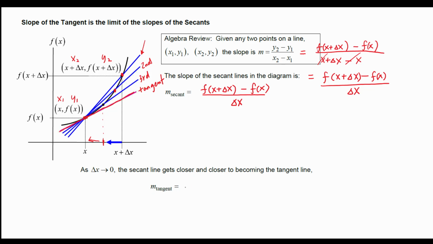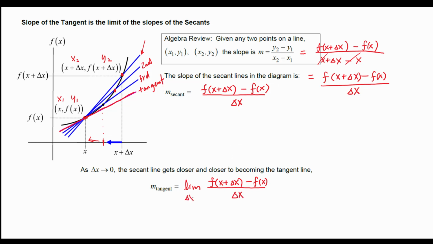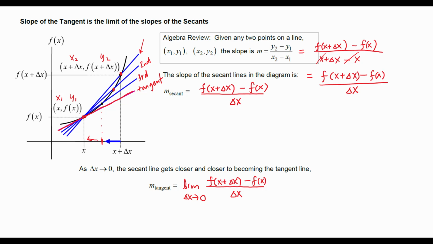So the slope of a tangent line can be achieved by the limit of the slope of the secant line, which was f of x plus delta x minus f of x over delta x as delta x approaches 0. And we call this the derivative of a function f, denoted by f prime of x.